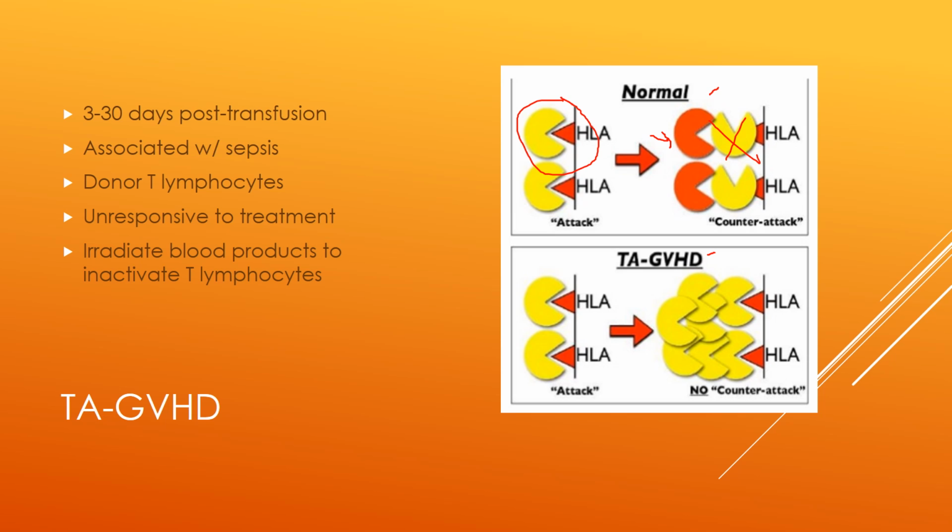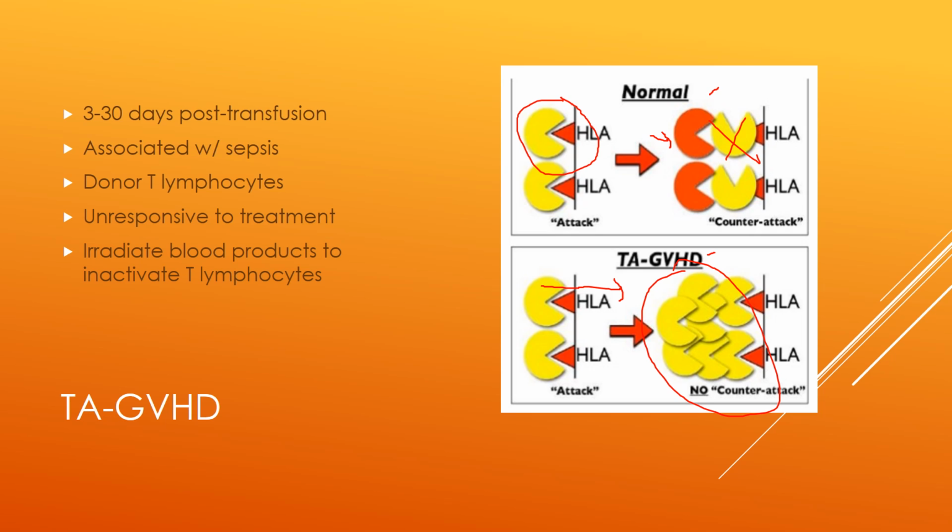There are reasons for that. Either they're immunocompromised, or in some cases, like sepsis, you can see this more commonly. If there's no counterattack, if there's no suppressive cell, those cells will undergo clonal expansion, and they'll keep attacking the HLA, which is expressed where? Everywhere. And so all of these cells will attack the patient's own tissues, all of them.